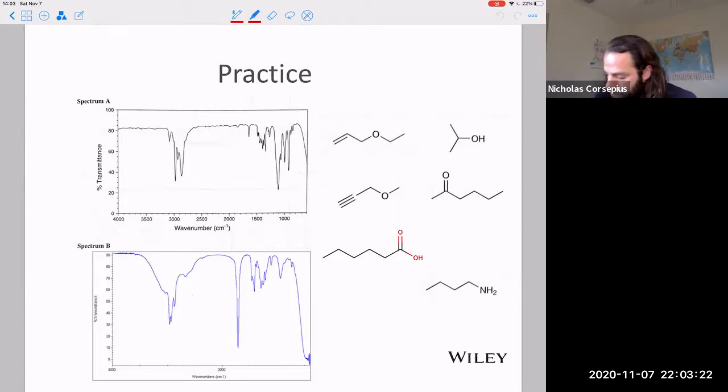Let's take this molecule here, for example. What's going to be my defining feature that I'm going to be able to spot, right? Again, functional groups. It might be tempting to say, oh, this carbon-oxygen single bond, but that's going to be in the fingerprint region. So that's not something I'm going to be paying attention to.